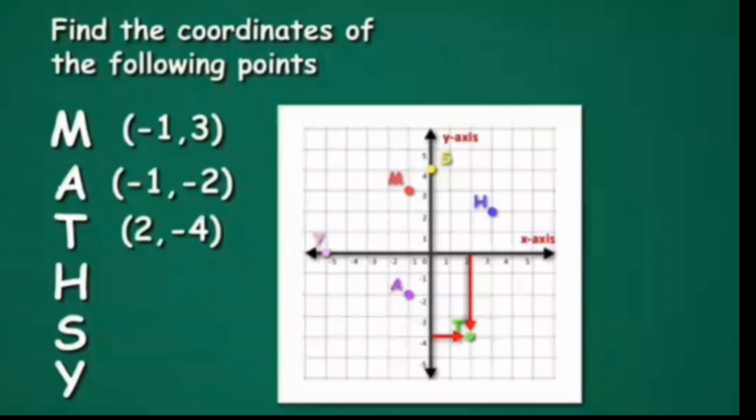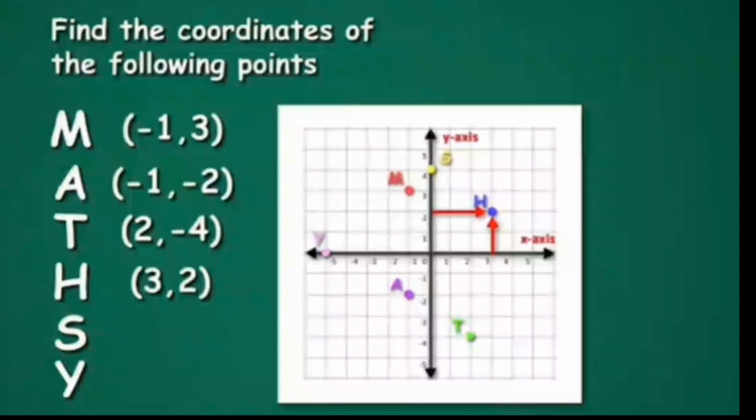Then we have point H. Point H is 3 units to the right and 2 units upward from the origin, so the coordinate of point H is (+3, +2). Next is point S. What did you notice with this point?